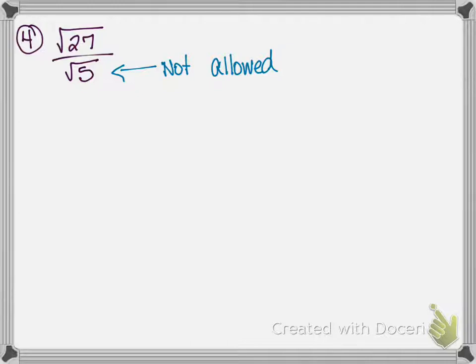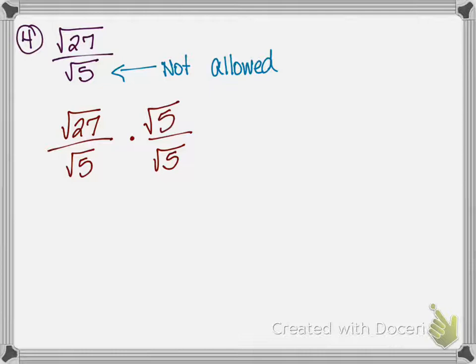That's not allowed because it's a square root, so I have to get rid of it. How do I get rid of it? I multiply. I am going to multiply by the square root of 5 over the square root of 5. What am I multiplying by? 1. I'm multiplying by 1.